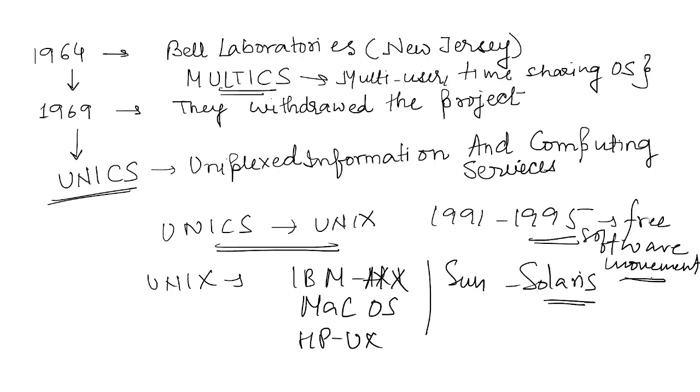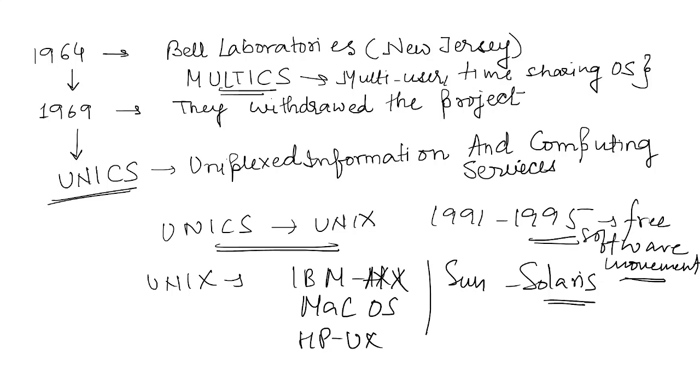Around this time, there was a protest going on, the free software movement, around the year 1991 to 1995. At that time, something called Linux, which is basically a kernel, came into the market. Now, in my previous class, I told you that Linux is not an operating system. Linux is a kernel, right?